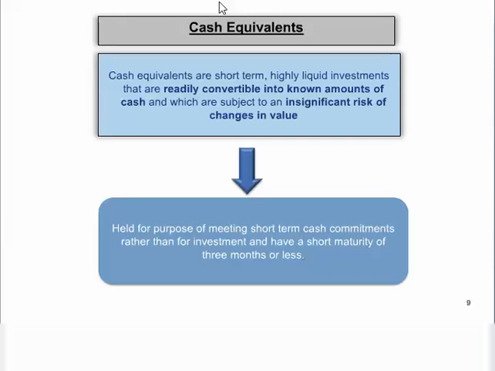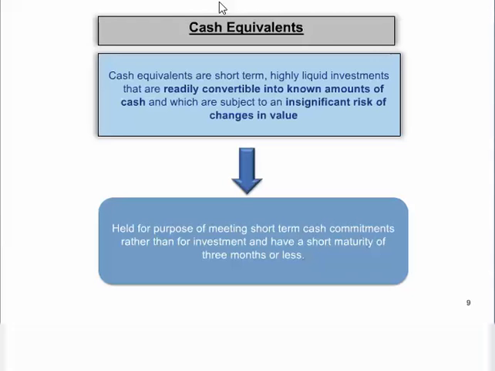They are always readily convertible into a known amount of cash. So whatever fixed amount you have deposited, at least you will get your principal amount, and whatever interest is due for 3 months if you withdraw them. So such fixed deposits are subject to an insignificant risk of changes in value. Because these fixed deposits have been guaranteed by the bank to be given along with a particular rate of interest, the risk of changes in value is minimal.